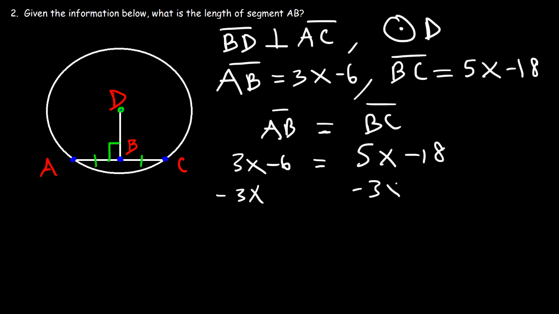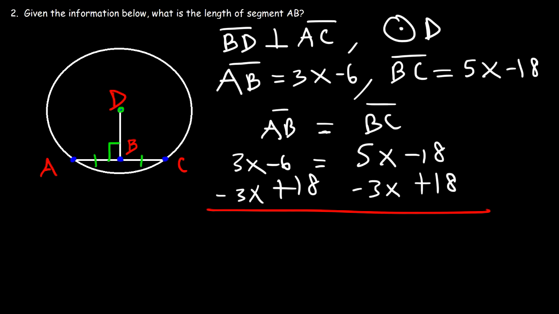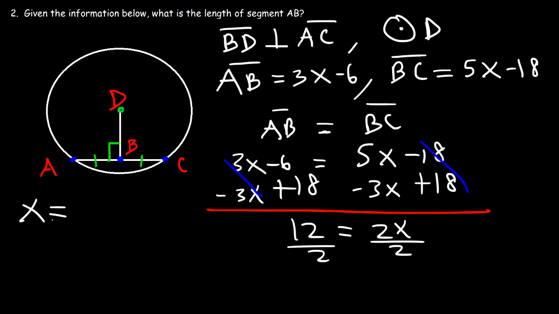Let's subtract both sides by 3x, and let's add 18 to both sides. Negative 6 plus 18 is 12. 5x minus 3x is 2x. Now let's divide both sides by 2. So 12 divided by 2 is 6.